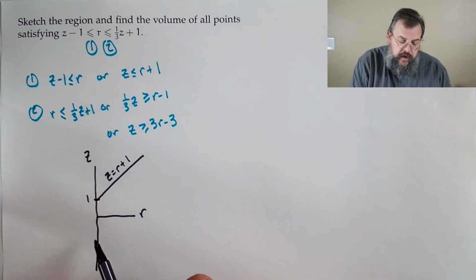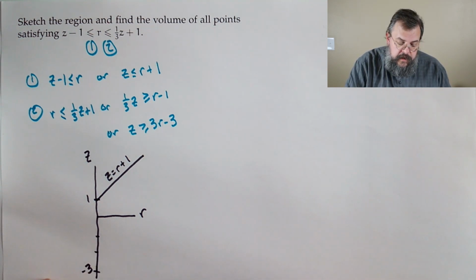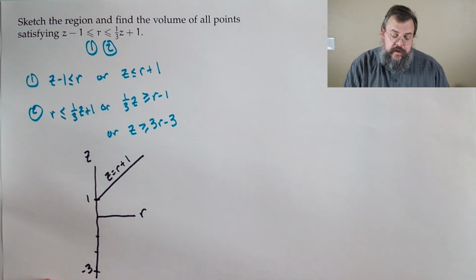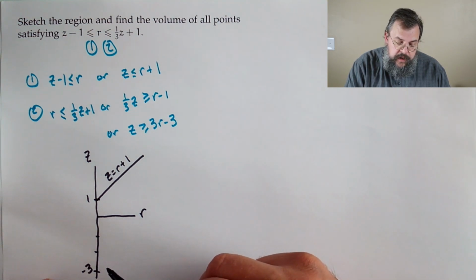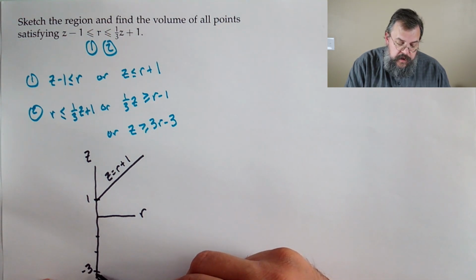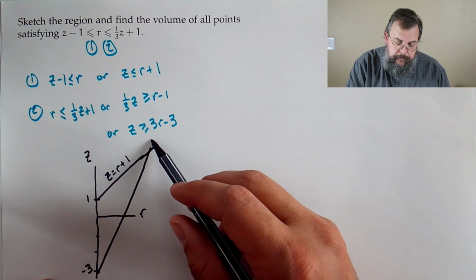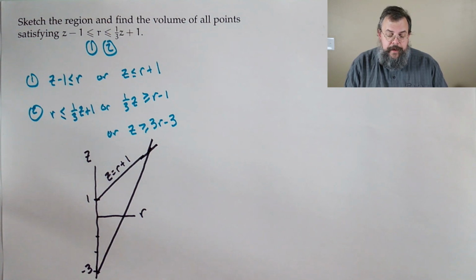So that says I'm going to come down to -3. And then I'm going to go up, and probably go up mildly fast. I don't know, but something like that. All right, good. There we have it.